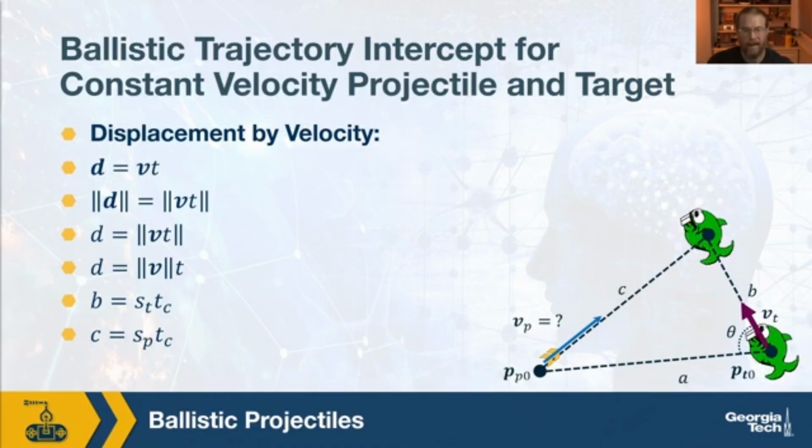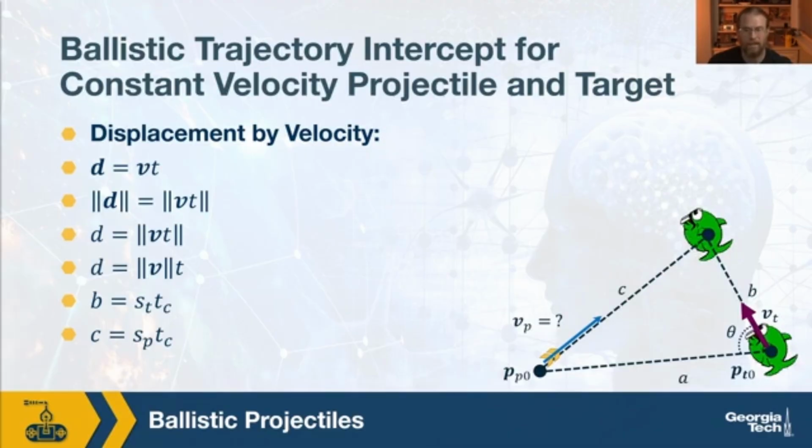We could take the magnitude of vector v times t and determine the length of that vector rather than the movement in individual dimensions. The magnitude of a velocity is going to be speed. So in this case, the speed of the target times the time till collision. How long has it taken up to the point of collision? That's what our B is. Now we don't know the time of collision yet, but we do know the speed of the target. So we know that B is equal to this.